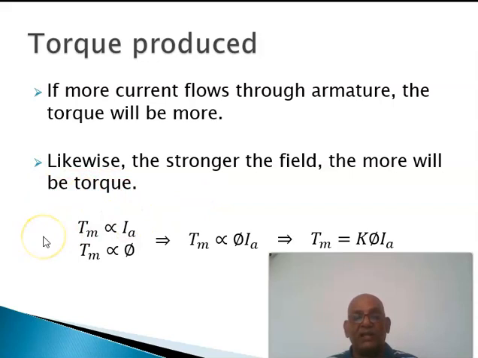This we mathematically represent as Tm, that is motor torque, is proportional to armature current Ia. Motor torque Tm, that is torque generated by the motor, is also proportional to the field phi. When this is true, we say that torque generated by the motor is proportional to the product of phi and Ia, and represent this as Tm = K phi Ia, where K is the constant of proportionality.